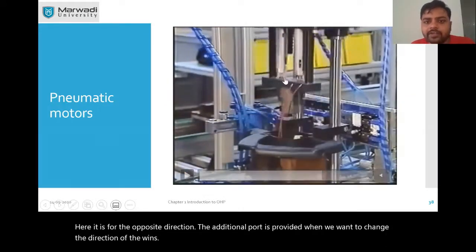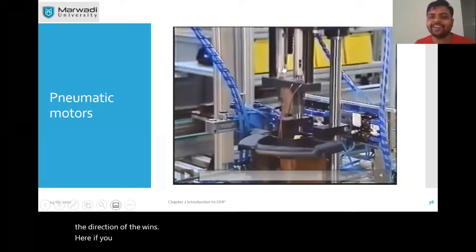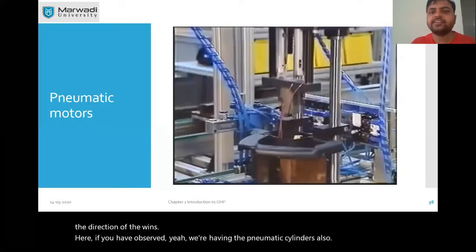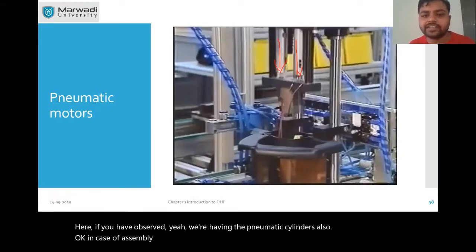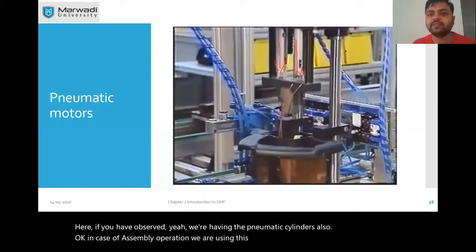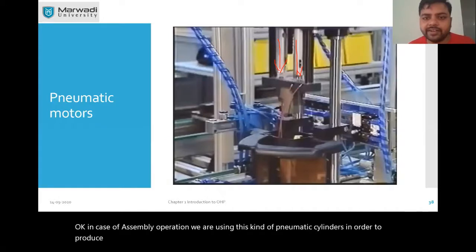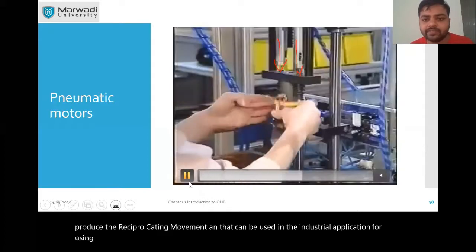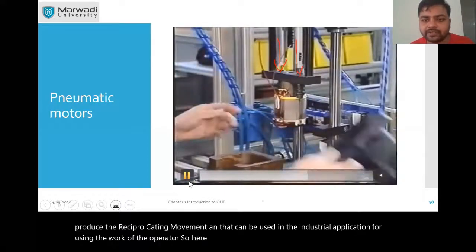Now here, if you have observed, we also have pneumatic cylinders. In assembly operations, we use this kind of pneumatic cylinder to produce reciprocating movement, which can be used in industrial applications for easing the work of the operator. So here, just observe the movement.